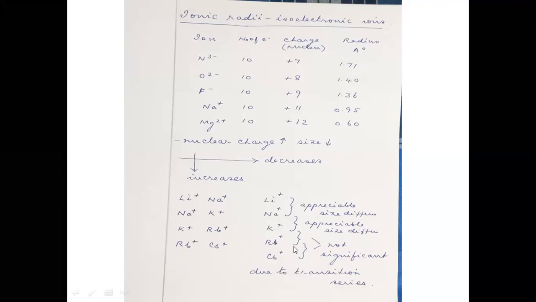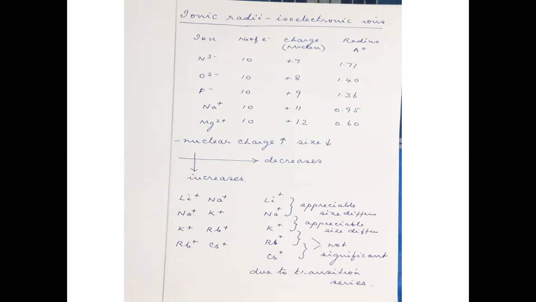It is because of the introduction of the 3D series in between potassium and rubidium and the 4D series in between rubidium and cesium. And due to the presence of the transition series in between, the electrons are added to the same subshell. Therefore, the decrease in the size in the transition is compensating the increase when you move down.